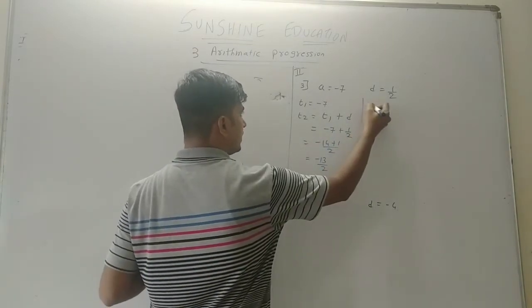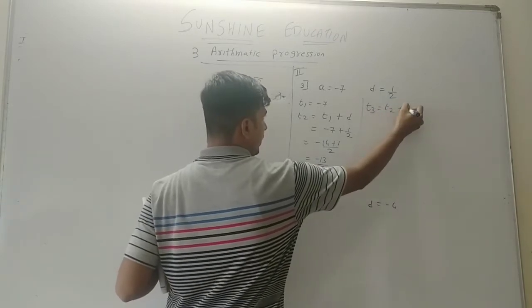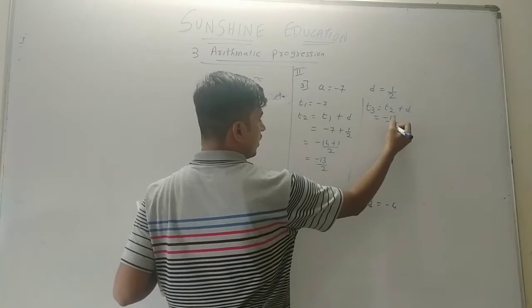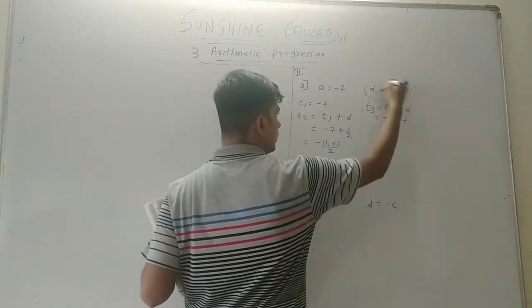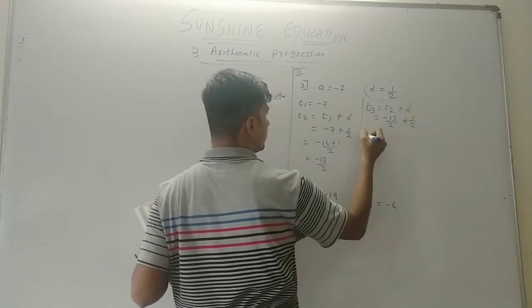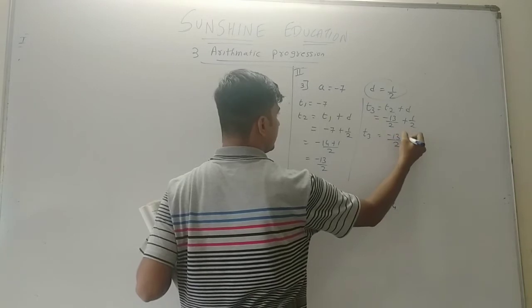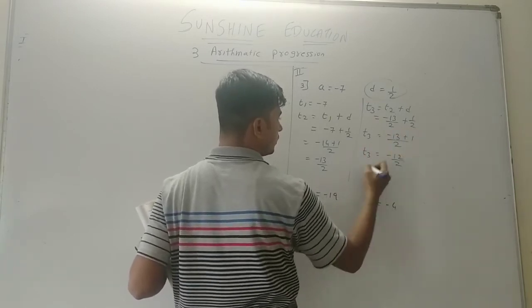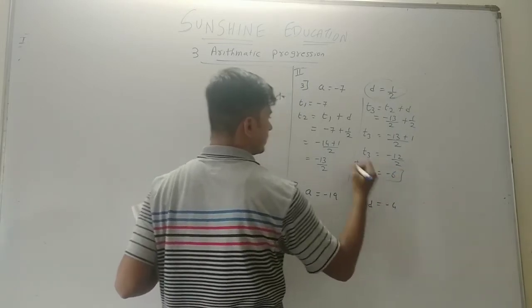Now let's find out t3. t3 is t2, the previous one, plus d. So what is t2? Minus 13 upon 2 plus the difference, which is 1 upon 2 in the question. So for t3 the denominator is as it is, minus 13 plus 1. t3 is minus 12 upon 2. t3 is minus 6.